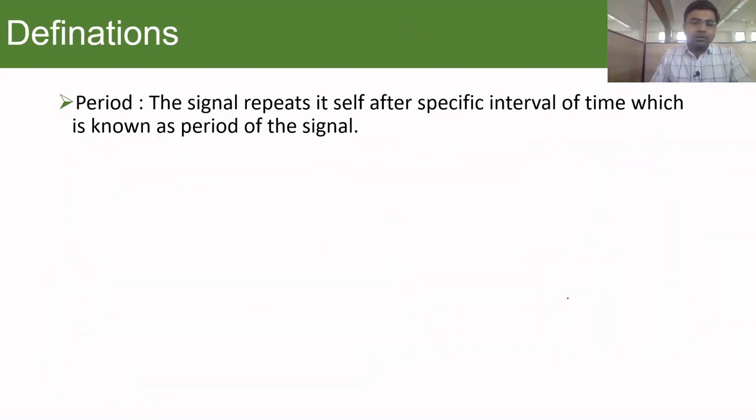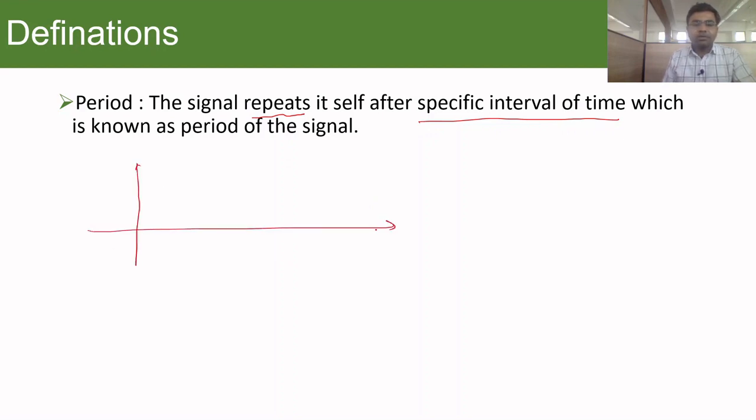If we just go into the definition of period, period is the specific interval of time after which a signal repeats itself. Let's understand it with various examples.